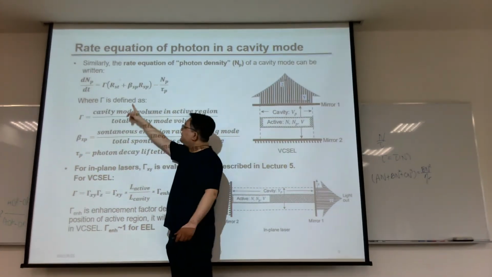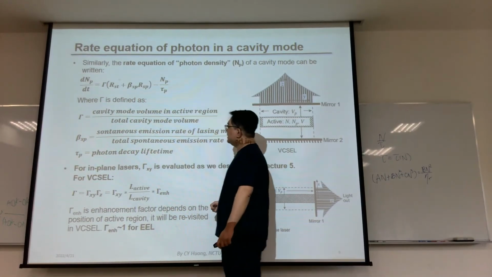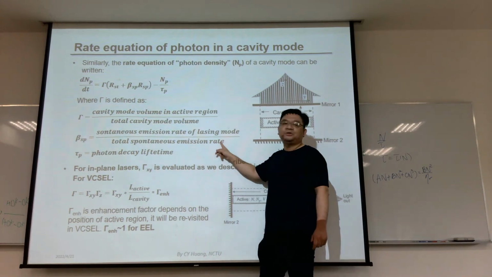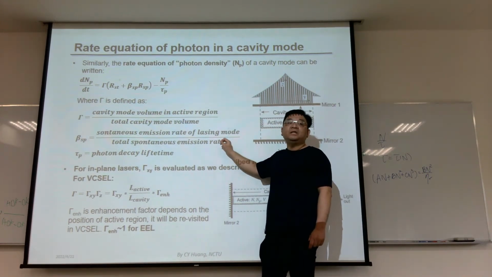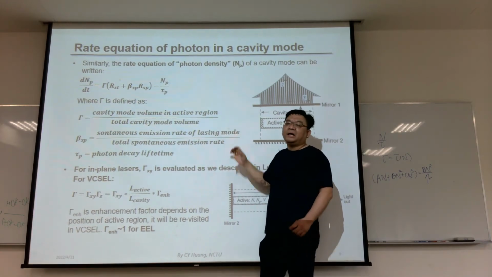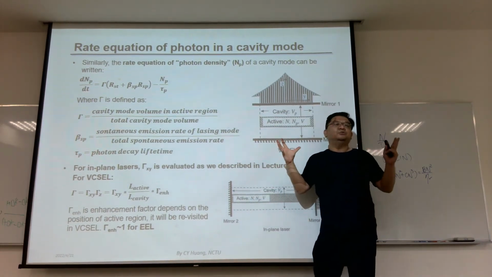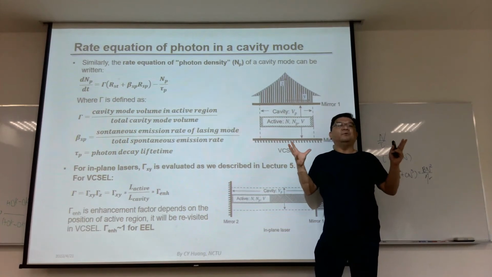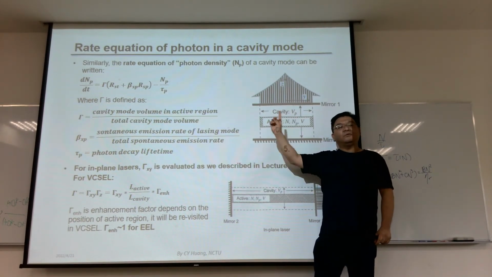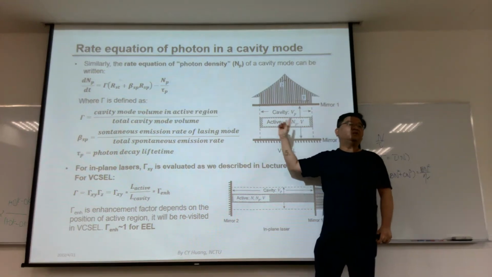Beta SP, what's the definition of beta SP? Beta SP is the fraction of the total spontaneous emission rate going into the mode of interest. Because you need to have a mode first, then you have spontaneous emission. But now this cavity is large, you might have 1 million available modes in your device. But we only care about one of them as your interested mode.